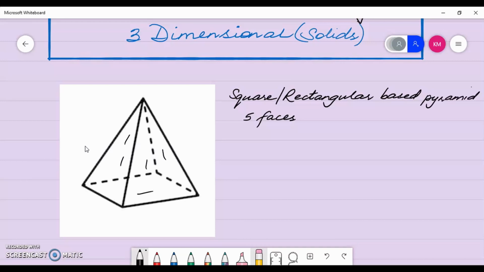Let's see how many edges. 1, 2, 3, 4, 5, 6, 7, 8. So there are 8 edges. Are there any vertices? 1, 2, 3, 4, and 5. So there are 5 vertices.